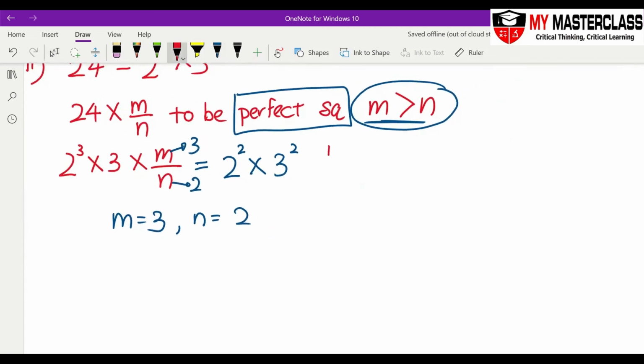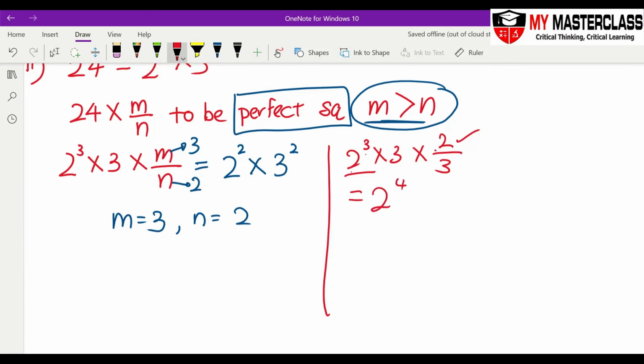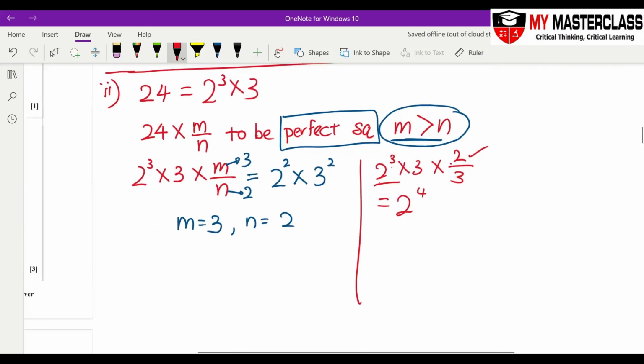If I do 2 power 3 times 3 times 2 over 3, 2 power 3 times 2 becomes 2 power 4, and 3 divided by 3, gone. Is this a perfect square? Yes, it is still a perfect square, but it does not work because m must be greater than n. That is the additional thing I want you to write now. Okay?